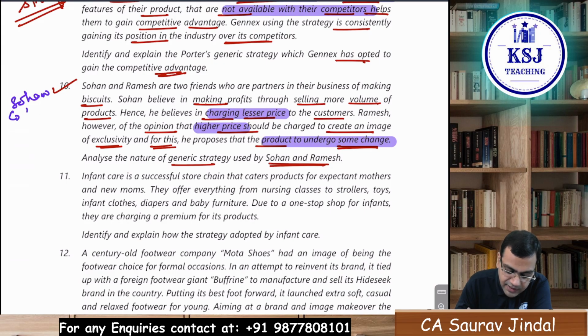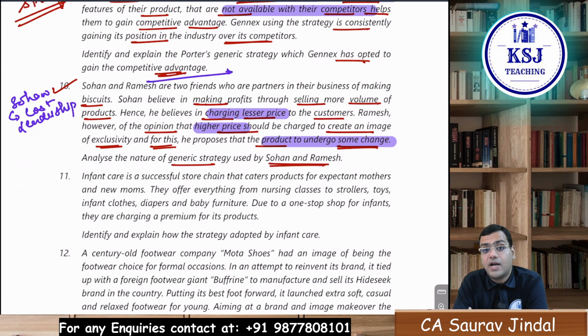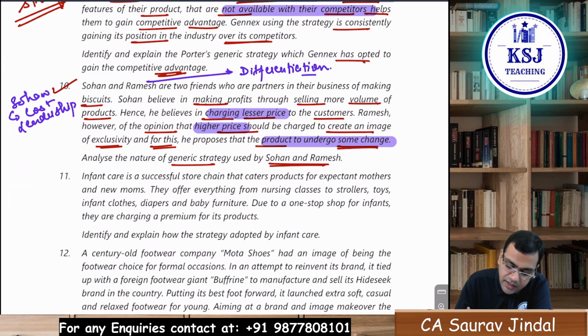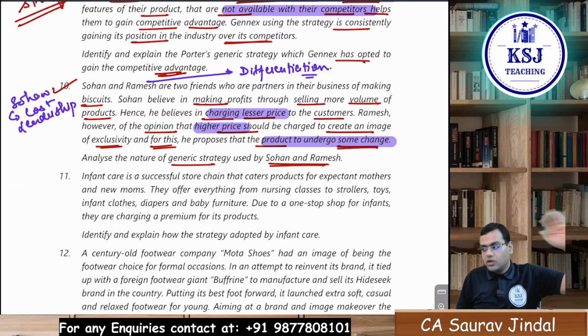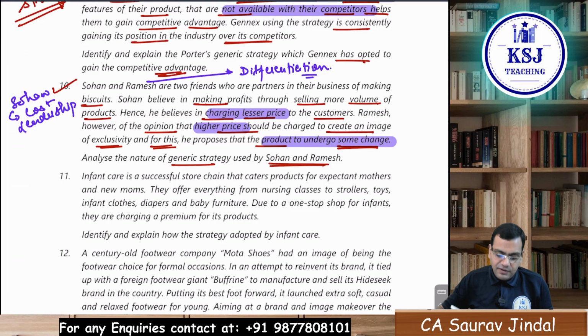Lower price, that is cost leadership, whereas Ramesh is following which strategy? Ramesh is following the differentiation strategy. He says we will charge a higher price, but we will provide a product which is different from what the competitors are going to provide. We are going to make some changes in the product and provide it in a different way. I hope this much is clear, right?